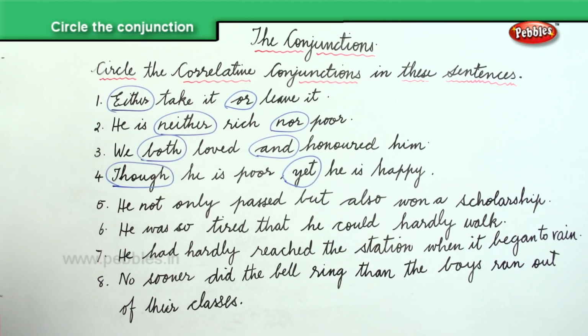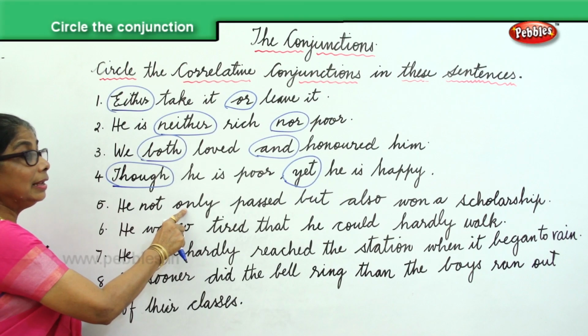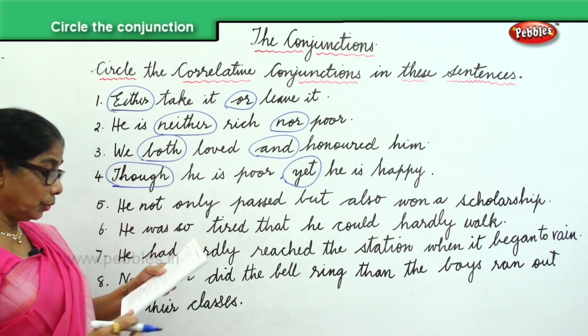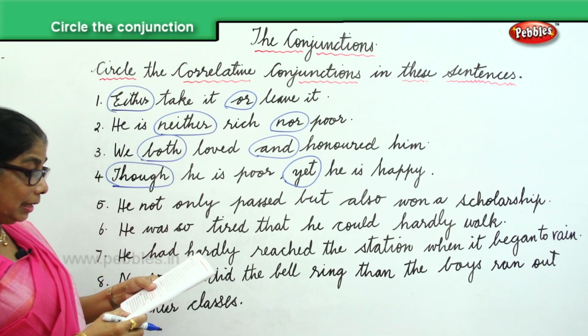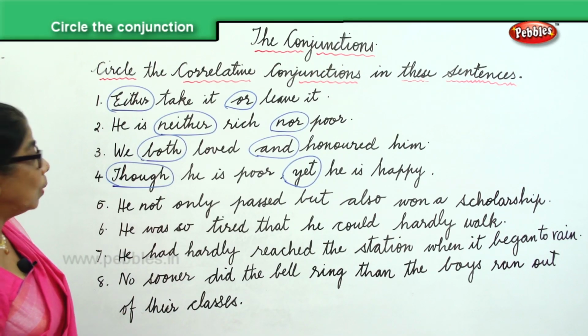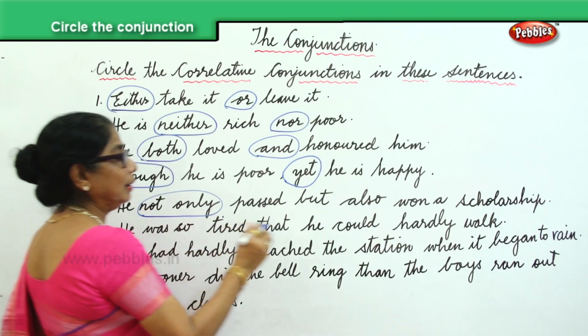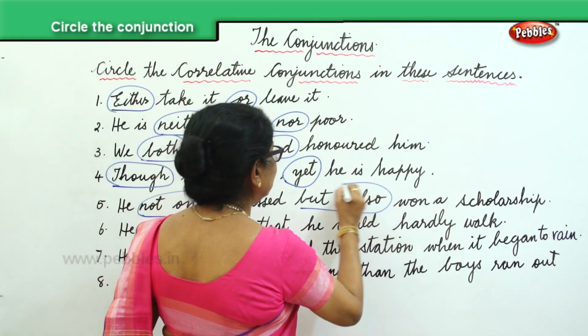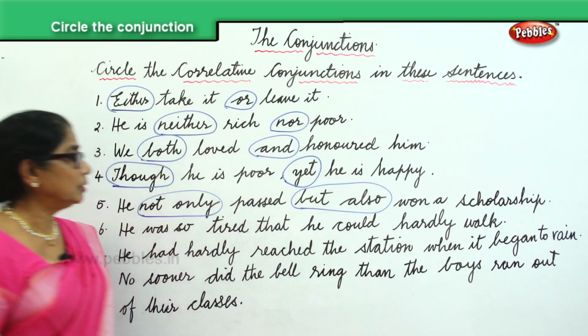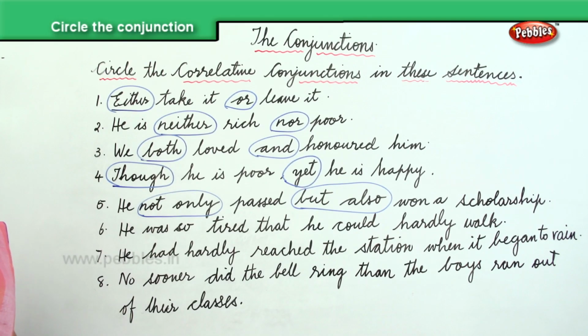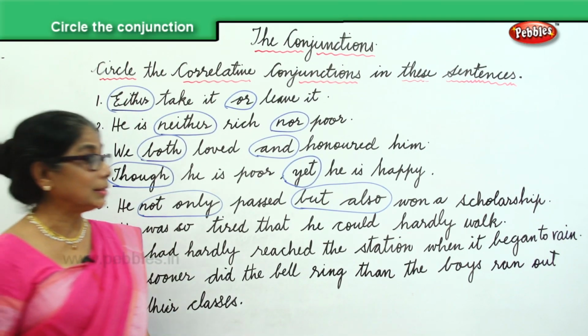Next, he is not only but also. Not only is one, but also is another conjunction. So he not only passed, but also won a scholarship.